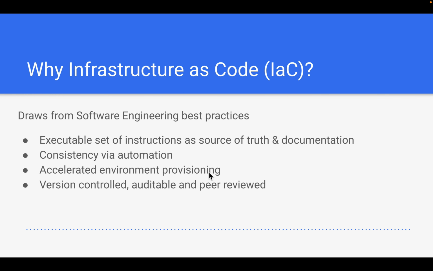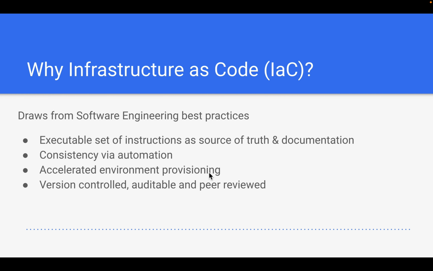So let's expand a little bit more on why infrastructure as code has grown so popular and what value it brings. Well, the overarching theme is it draws from a lot of software engineering best practices. The first one is it's a common set of executable instructions that serve as both the source of truth and the documentation of your infrastructure.